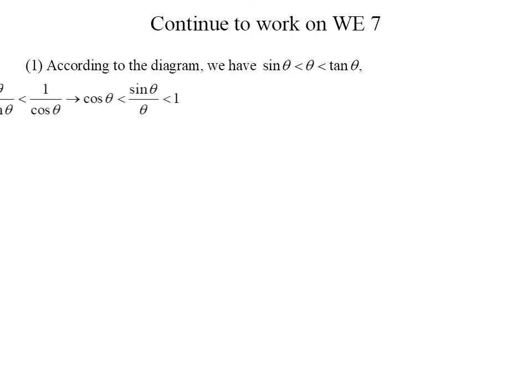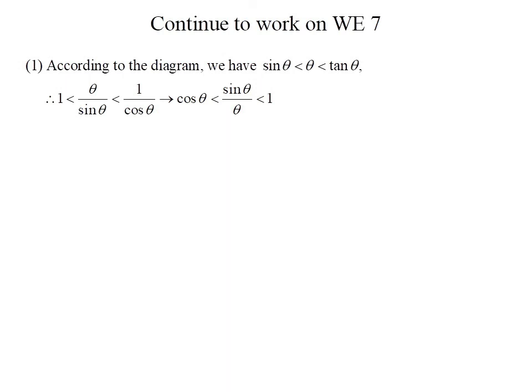Here we continue to prove the two trigonometry limits according to the diagram, as well as the relations among the areas of two triangles and a sector. We have the inequalities sine theta is less than theta, which is less than tangent theta.